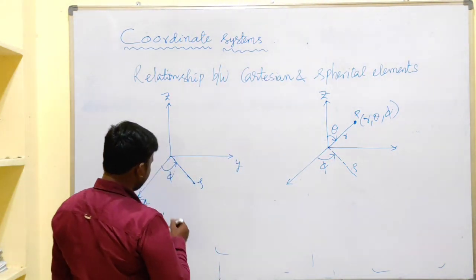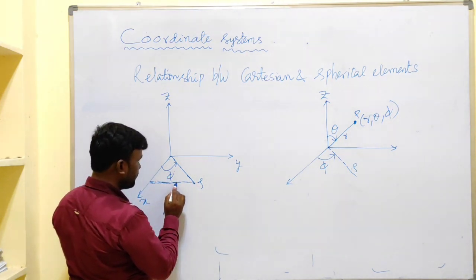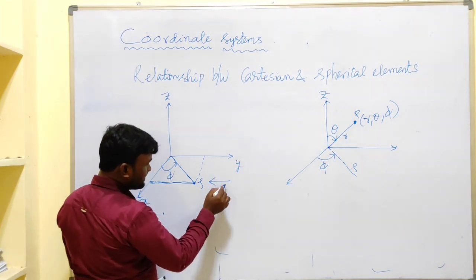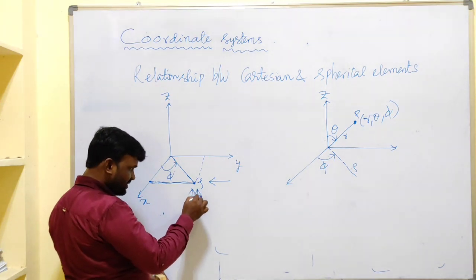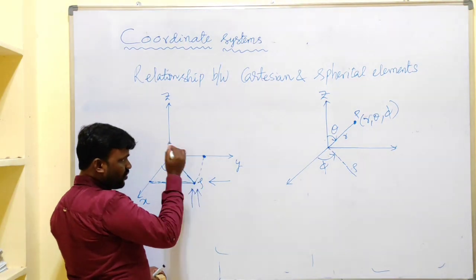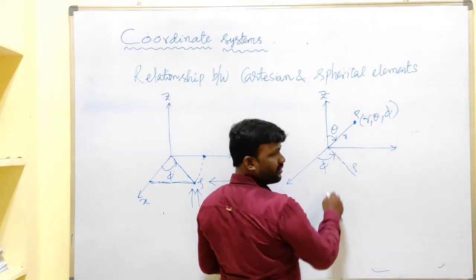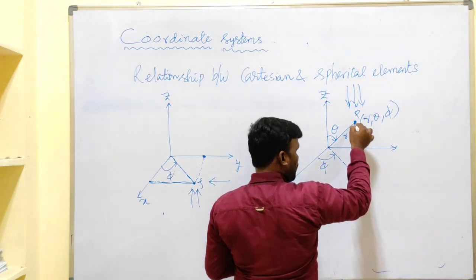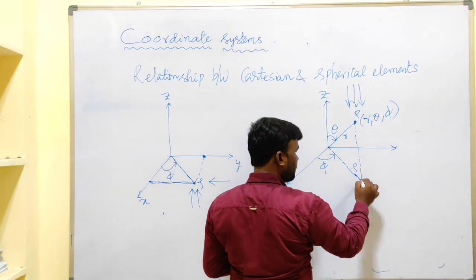If you see here, if light is coming in this direction, this one is projected on the x axis, or if light is coming in this direction, this component is projected on the y axis. Similarly, here also for this r, if light is falling like this, the component is projected here only.